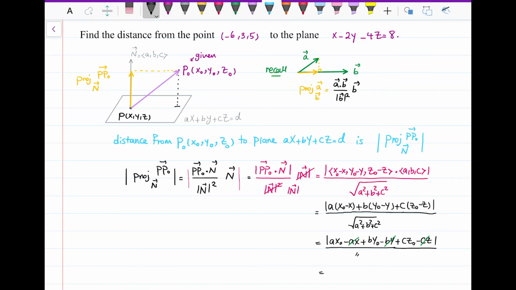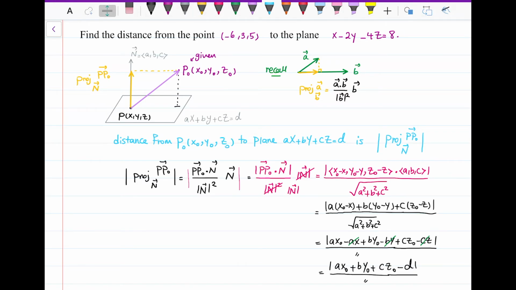So I have the absolute value of ax naught plus by naught plus cz naught minus d over the length of the normal vector, which would be the square root. Okay, so instead of that, I can write this notation.